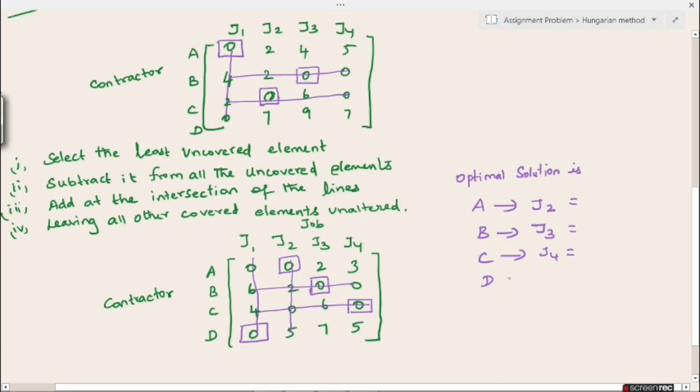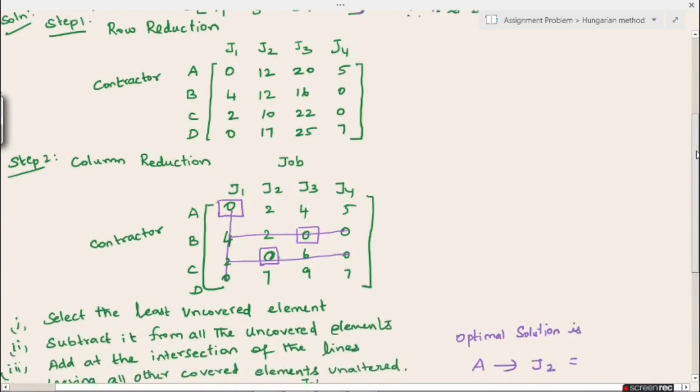For contractor D, we are assigning J1. Now we have to find the values from the main matrix: A to J2, B to J3, C to J4 and D to J1. So we have to consider the main table.